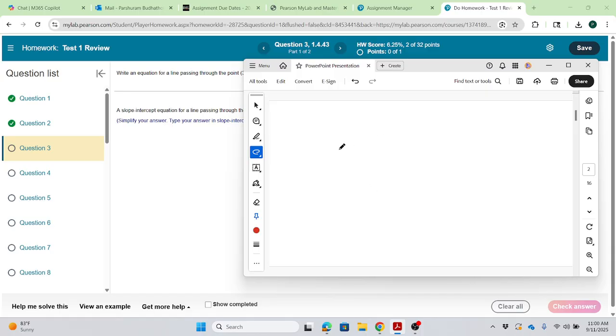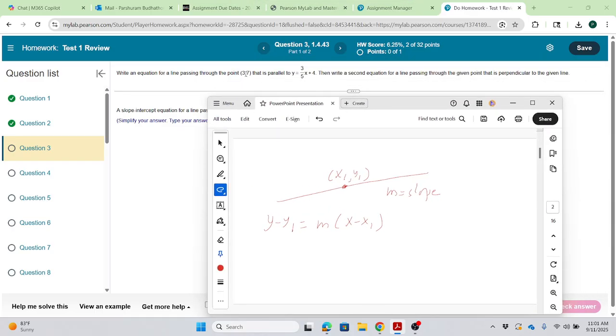If you know one point on that line, let's say that point is x1 comma y1, and if you know the slope of the line, then there is a formula called the point slope formula. To use this formula you need one more piece of information. The point you already know, 3 comma 7, so x1 is 3 and y1 is 7.